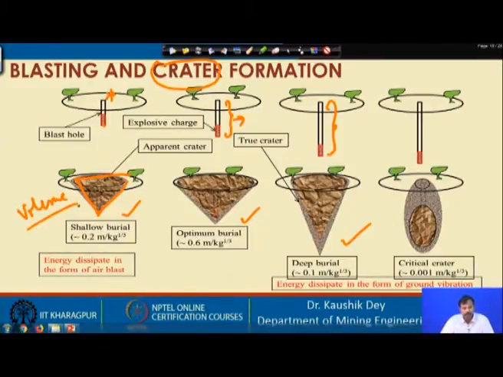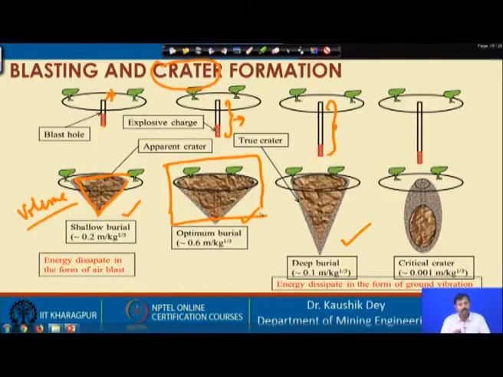So, basically we are trying to optimize the use of explosive, so that the quantity of explosive remains the same and we are increasing the depth, and in that way we observe, if we place that much quantity of explosive, where we are able to get the maximum volume of crater, that means maximum fragmented rock mass. So, the maximum fragmented rock mass is represented by the maximum crater. So, the maximum crater is formed at what depth?